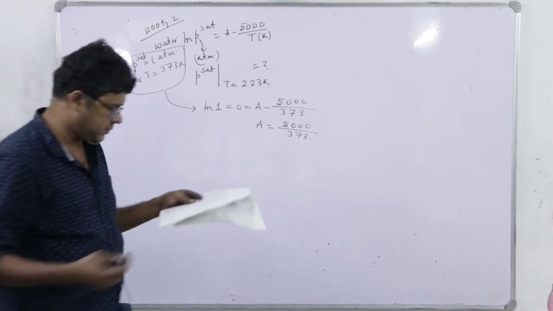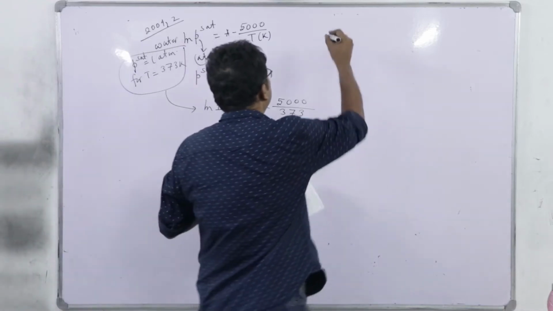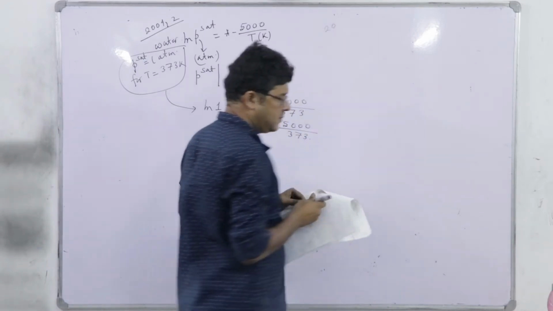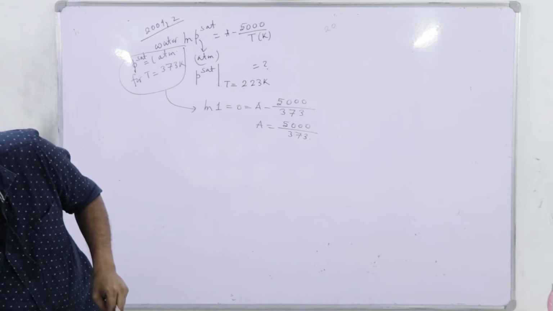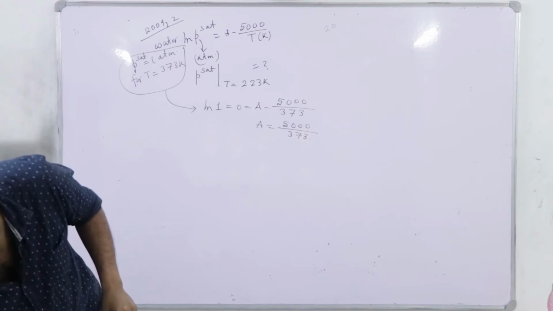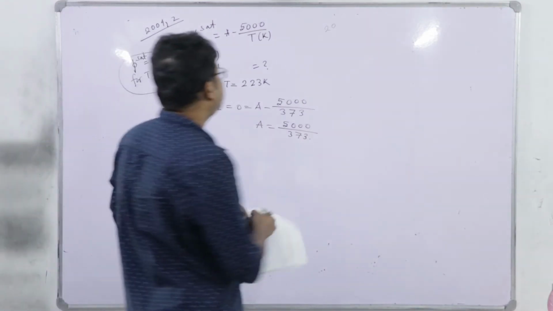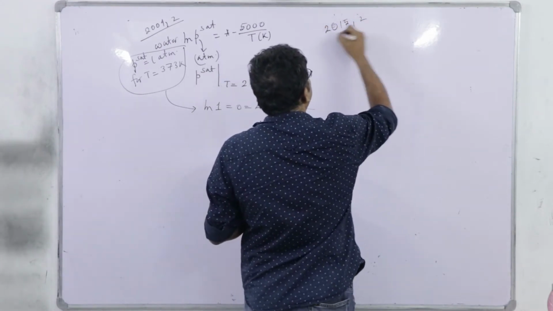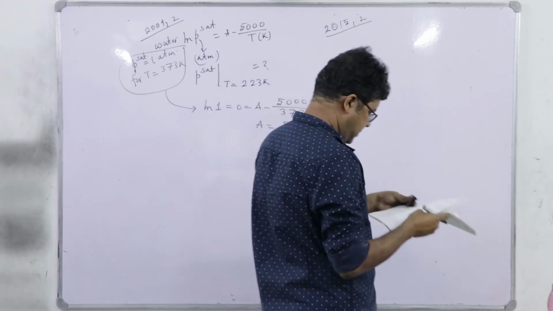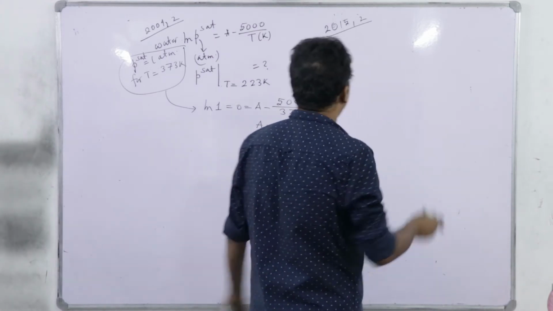So another problem, this is a 2015, 2 marks problem. See, GR and VR are related.